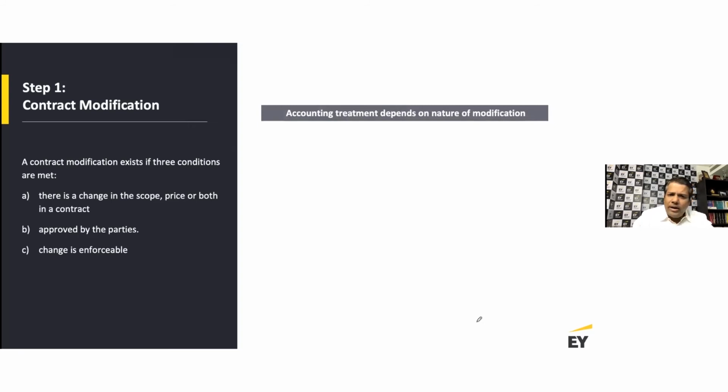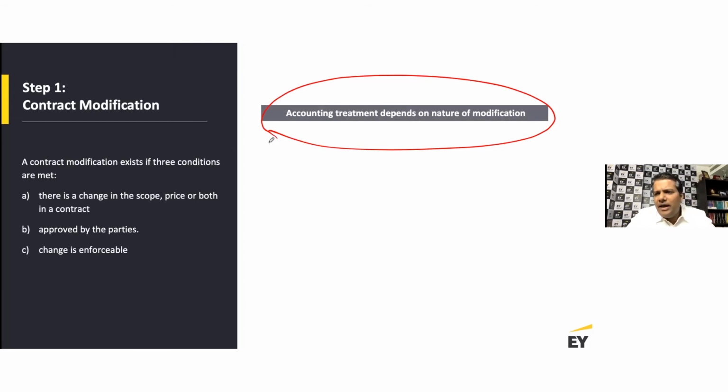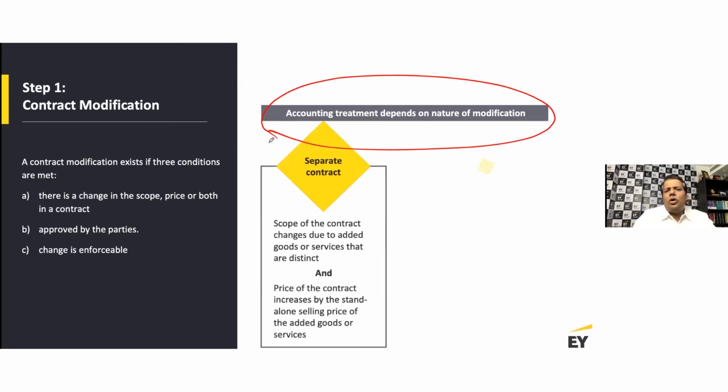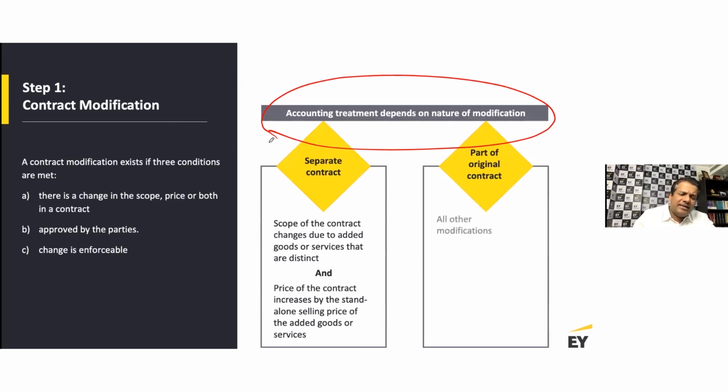Now, how do you account for contract modification, right? The accounting for contract modification depends upon your assessment of whether the contract modification actually qualifies as a separate contract, or as a continuation of the existing contract. So is it considered a part of the original contract, or is it considered as a separate contract?